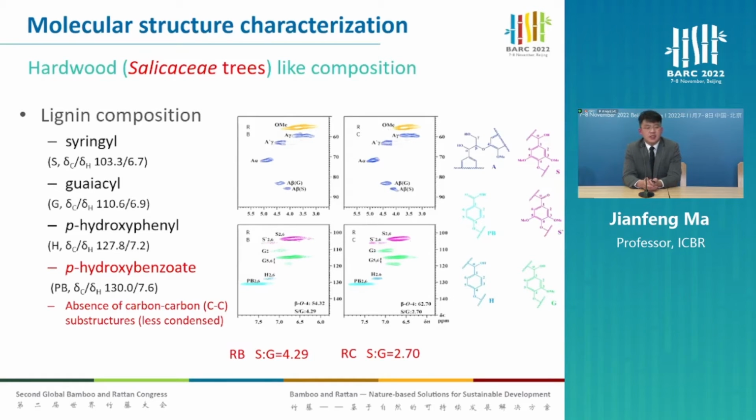Surprisingly, we found an absence of carbon-carbon bond substructures in the rattan materials. This typical feature makes the rattan biomass an excellent raw material for biorefinery, because these less condensed structures can easily be degraded.